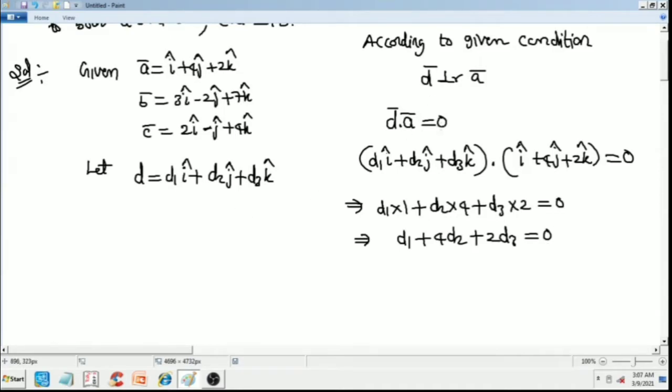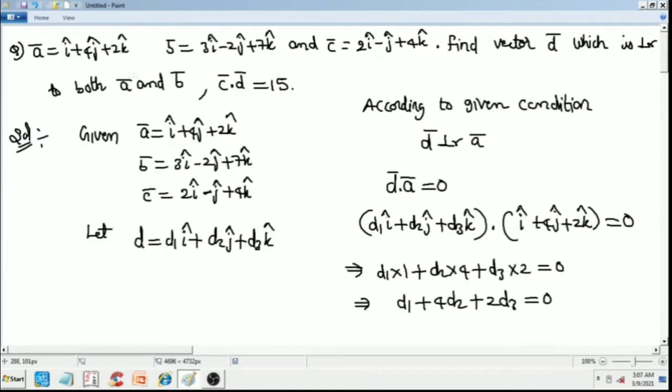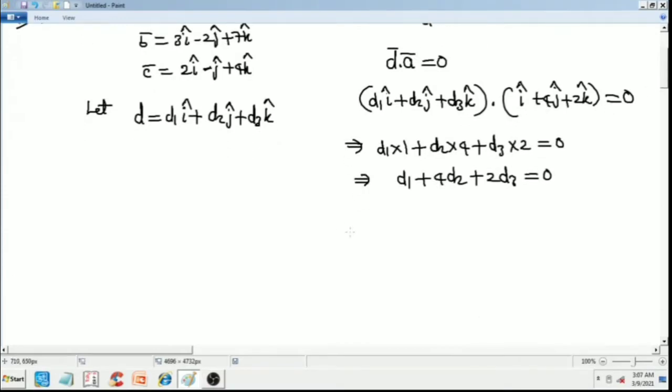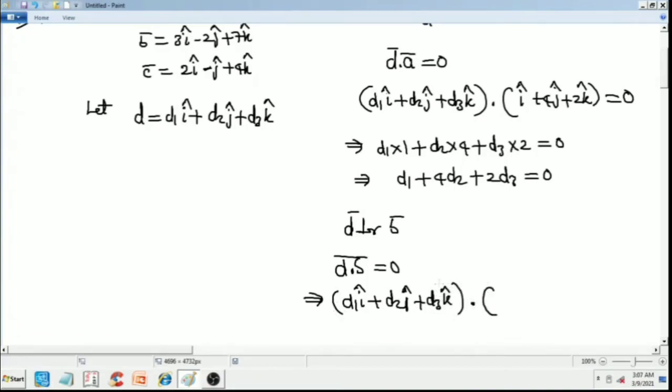Next, one more condition is given: D is perpendicular to B also. So here D dot B is equal to 0. From here the dot product is equal to 0. D is D1 i plus D2 j plus D3 k bar. The dot product with B, which is 3i minus 2j plus 7k bar, is equal to 0.